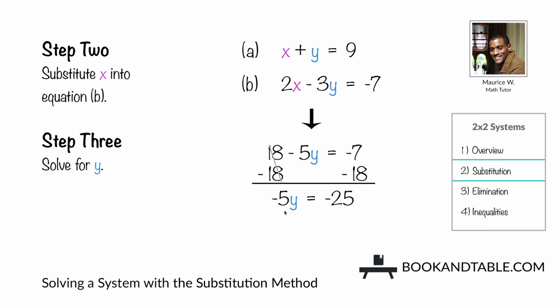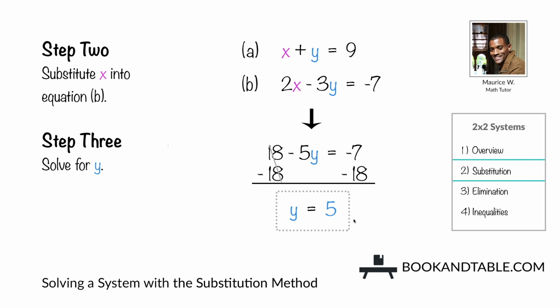So we get negative 5y is equal to negative 25. And now to get rid of this coefficient of negative 5, we'll divide both sides by negative 5, giving us y is equal to negative 25 divided by negative 5, which is 5.